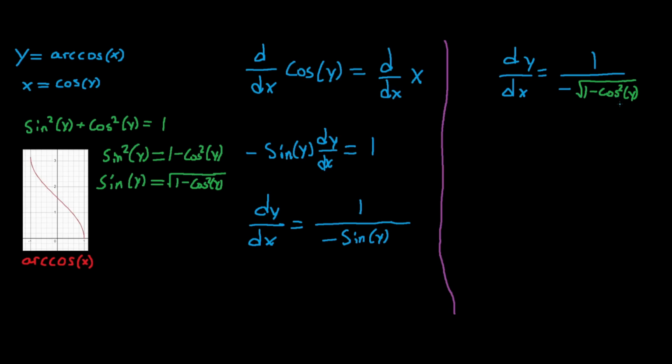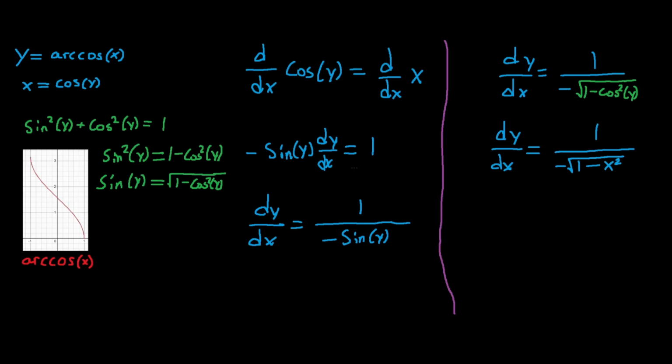Over here I have cosine squared of y. So all that is cosine of y times cosine of y, in other words, x times x. So I'd have x squared there. So I could just say dy over dx is equal to 1 over the negative square root of 1 minus x squared. Okay, and that is the plain and simple derivative of arc cos of x.